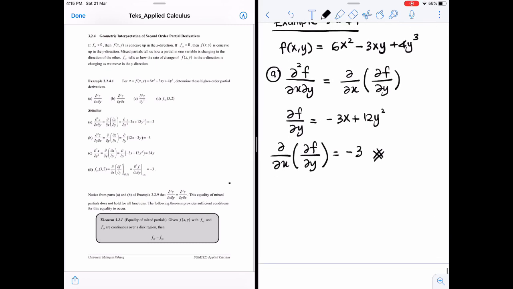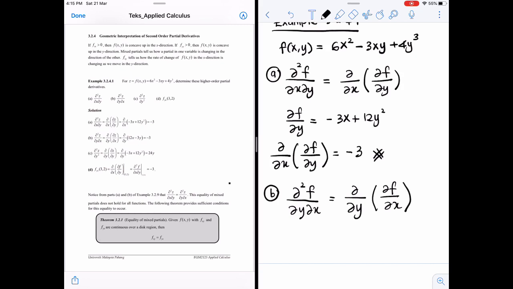For question B, we have been asked to find the value of the differentiation of f with respect to x, then with respect to y. This means that we need to find the differentiation with respect to x, then differentiate it again with respect to y.